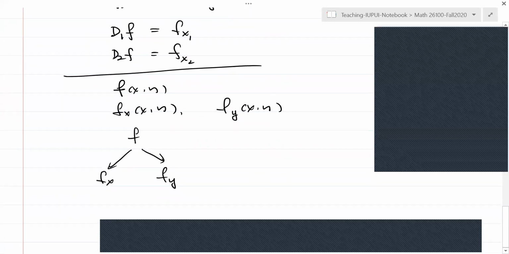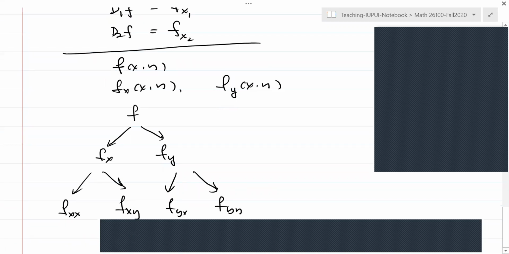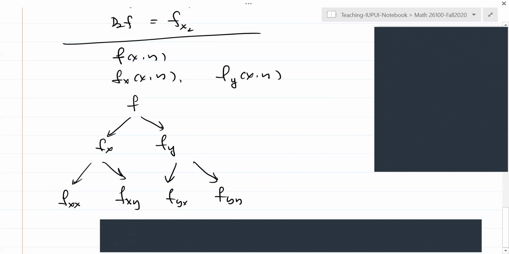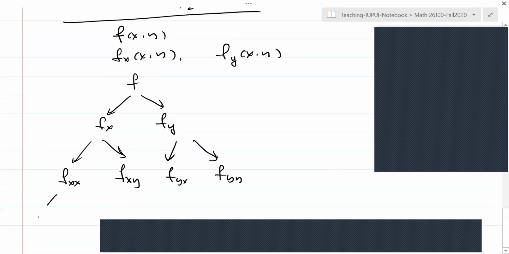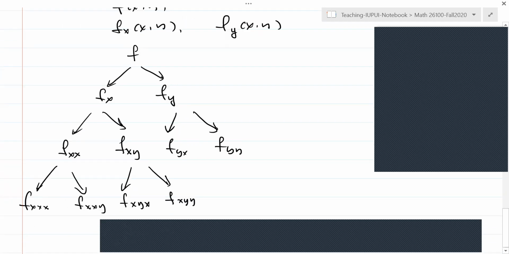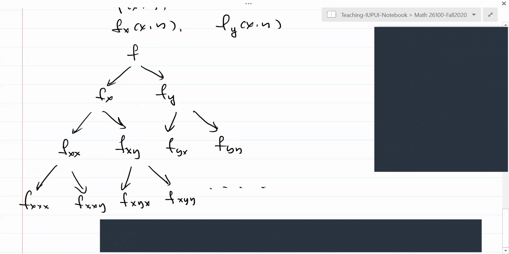Each is a new function of two variables, so you can continue partial differentiating. You get fxx and fxy, and this one would be fyx, that would be fyy. Because that's the second derivative, and they keep going like that. It's like a tree. So you can do this: fxx, then fxxy, fxyx, and fxyy, for example. I'm not going to go through the third order derivative, just second order derivative.